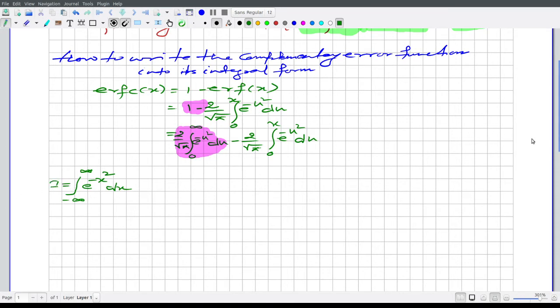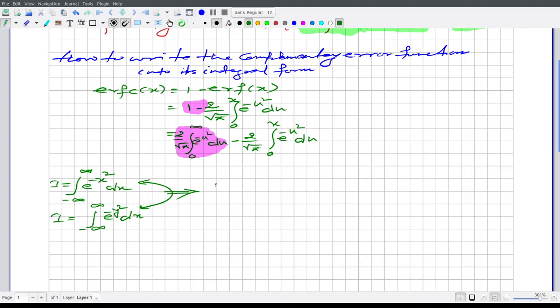To solve such an integral we have to use a concept in which we can write this with the same value, meaning this integral and this integral are somehow the same. So we have to use the concept of double integral here.